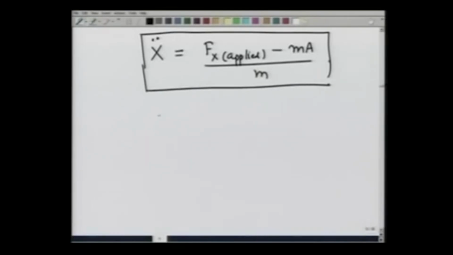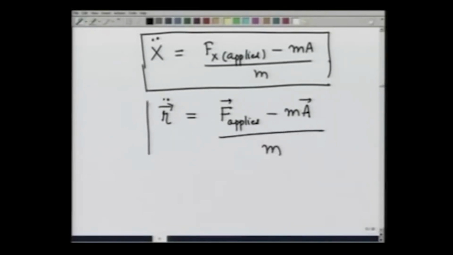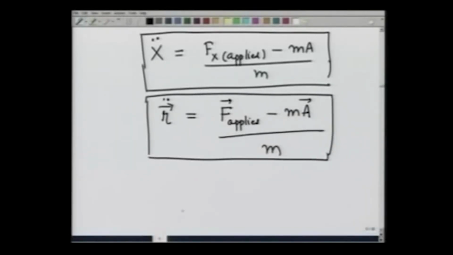In general, let me write r double dot in the accelerating frame as F external or F applied minus m a vector, where a is the direction of acceleration of the uniformly accelerating frame, divided by m. This is going to be my equation of motion in the accelerating frame. I emphasize again, the force that we have introduced, m a, is a pseudo force.